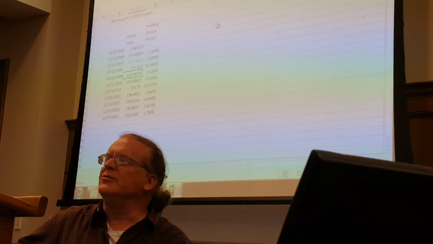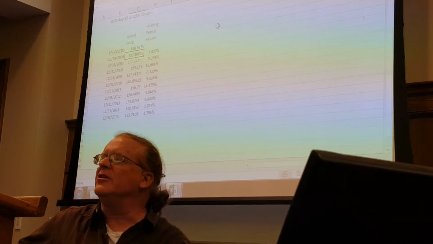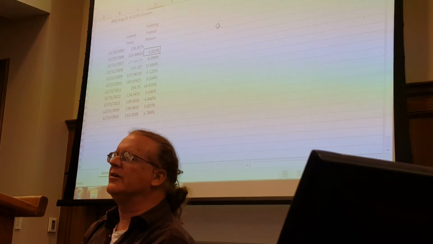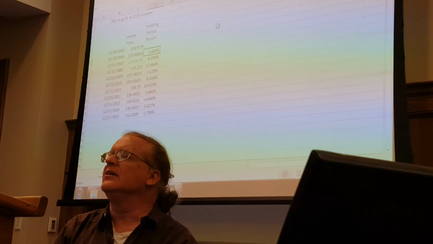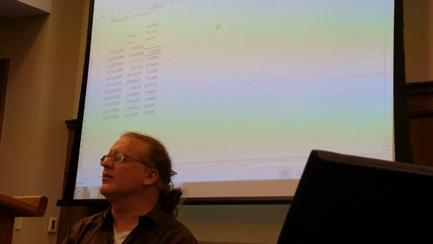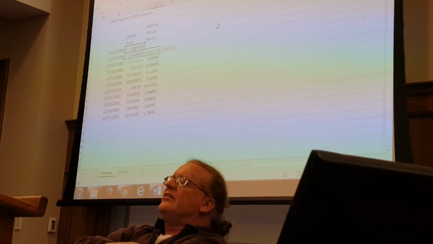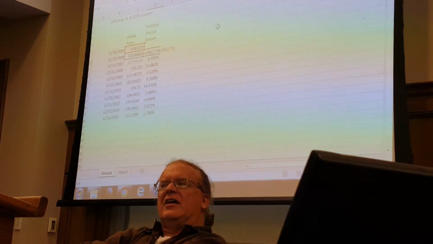Okay, then I computed the arithmetic holding period, computed the continuously compounded holding period return for each year. So here's what I did. I took the ending price, C7, that's the ask price as the last day of trading in 2006. And then I added the coupon payment.